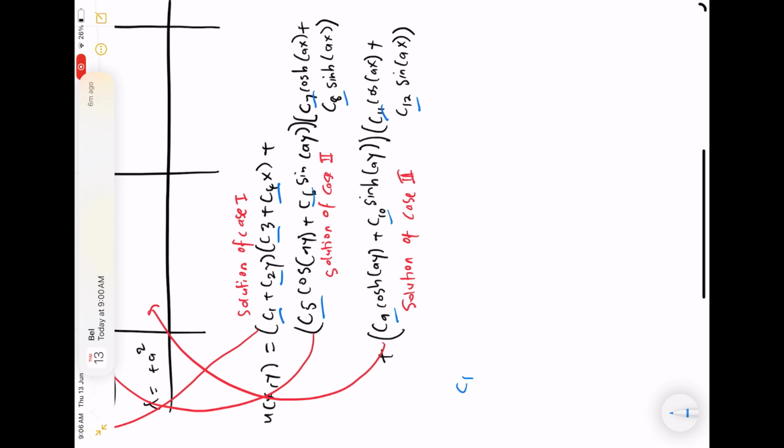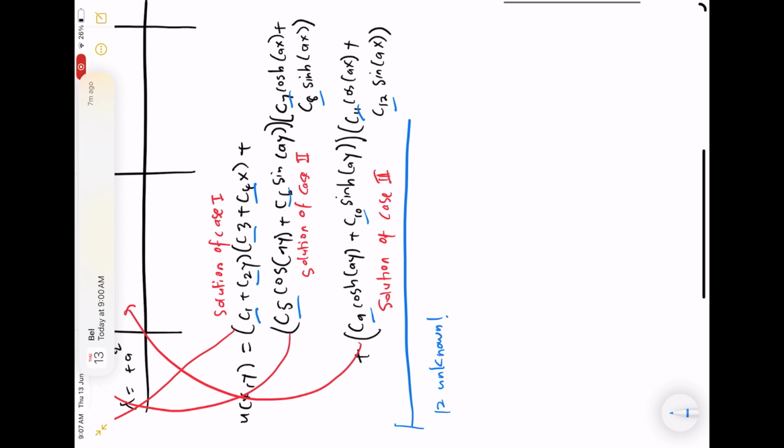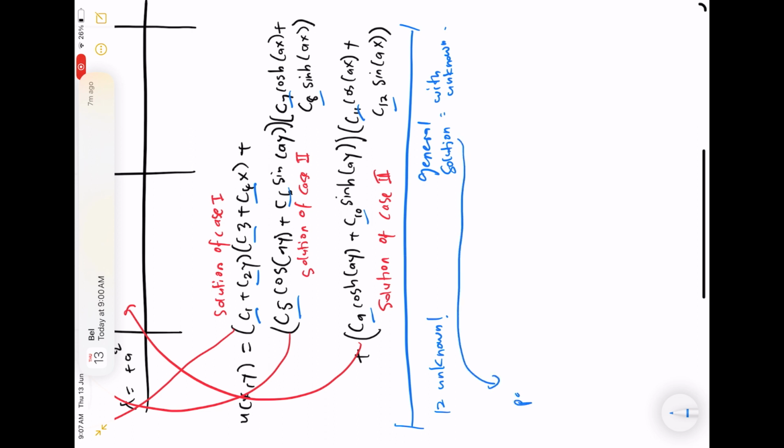So you have 12 unknown values. So this is what we call the general solution. The general solution is with unknowns. Okay, so now you need to find the particular solution.